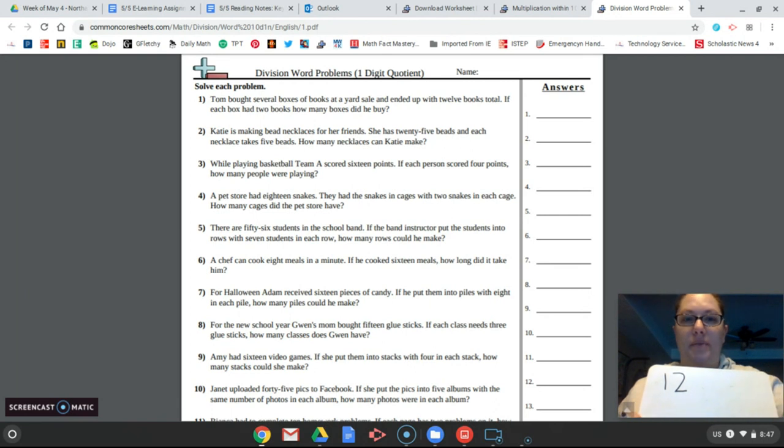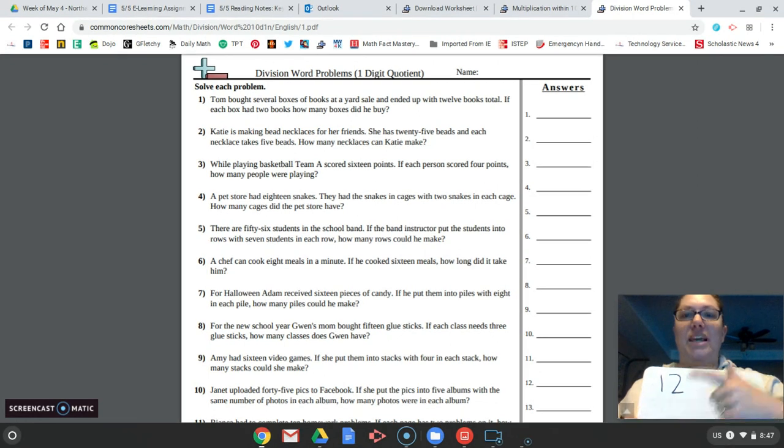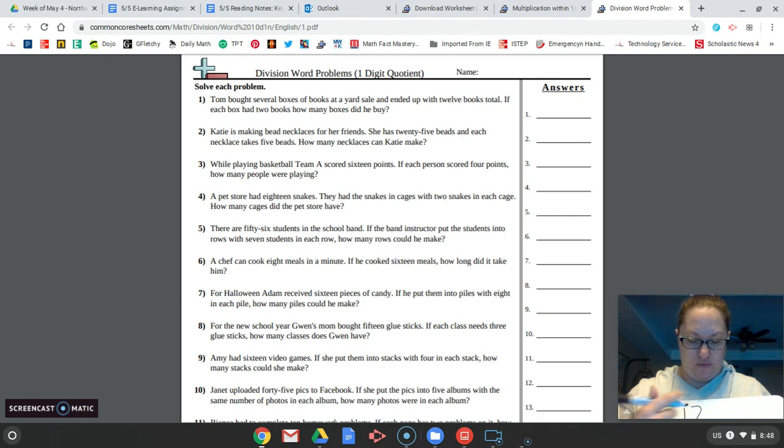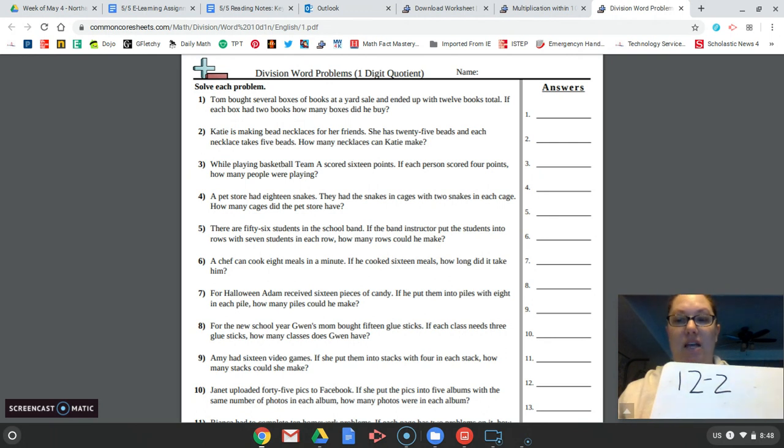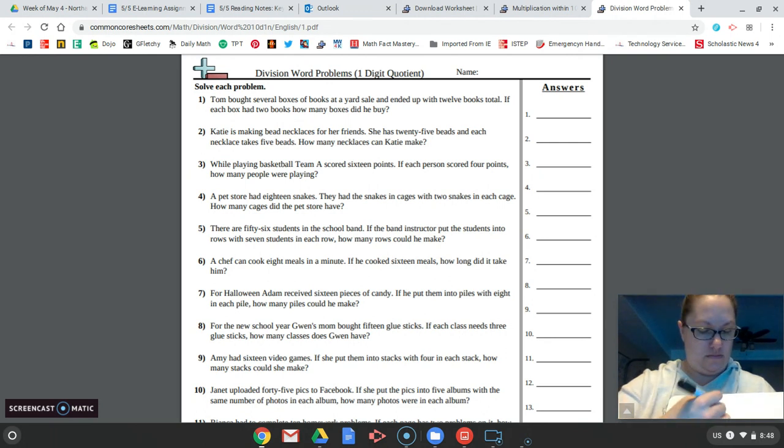Okay, so just think of it as real life. So in our problem, he's got 12 books. So here's the 12 books he started with. He's putting 2 into every box. So he's taking away 2, putting them in the box, taking away 2, putting them in the box. Okay, so that's 12 minus 2. So if we put 2 in the box, that gives us 10.